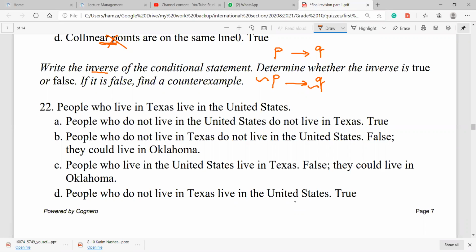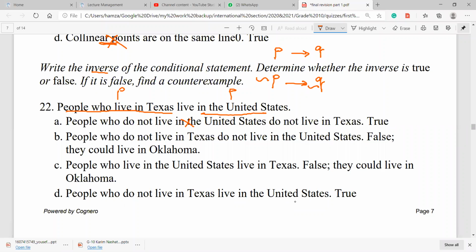So this is the first statement. Live in Texas, live in United States. So keep this order, guys, but write them in a negative form. People who do not live in the United States, this is wrong, guys, because he changed the order. He started with United States, so wrong.